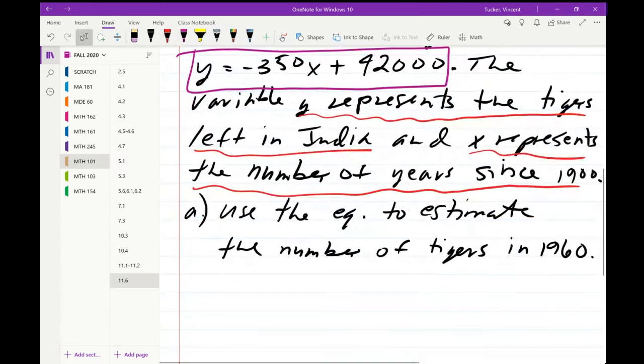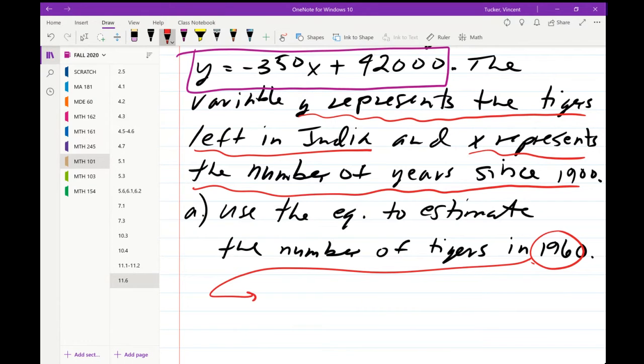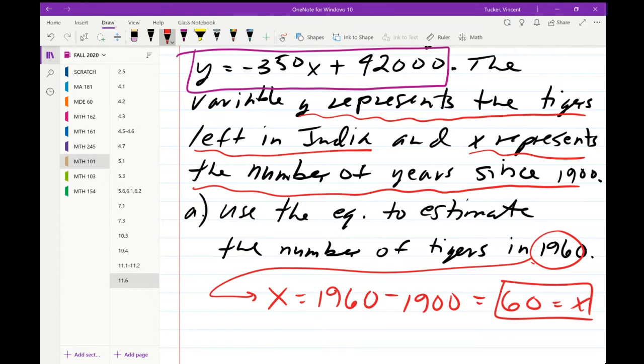So we want to know how many tigers are in India in 1960. Now if we're looking at the year 1960, that means x has to be 60 years because we're looking at the number of years since 1900. So the value that we'll plug in for x will be 60.